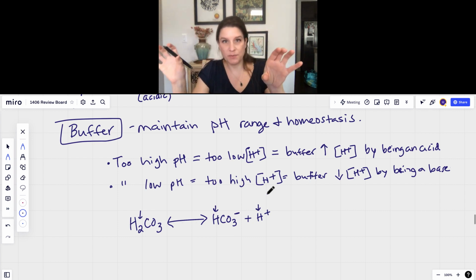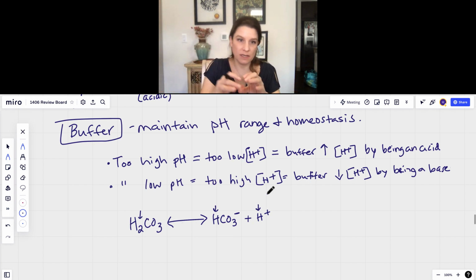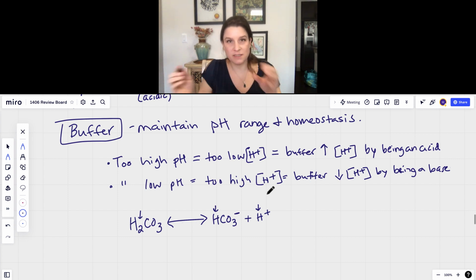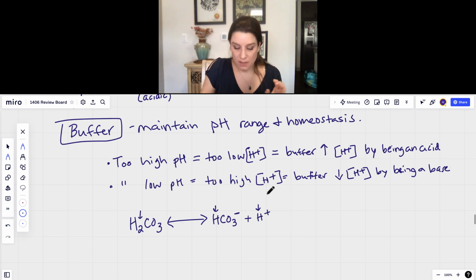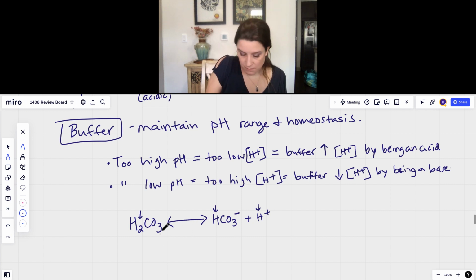So it can have them separated or together, separated or together. So if you need more hydrogen ions, it's going to separate. If you need less hydrogen ions, it's going to bind them up. So when it's dropping off its H's, releasing the H's, going to the right, it's acting as an acid.